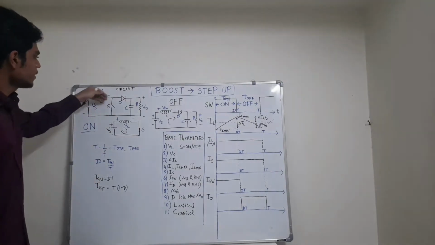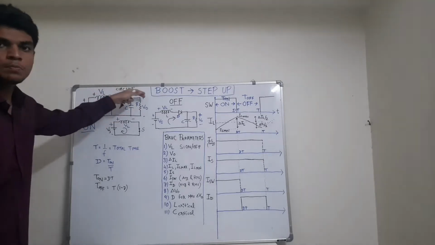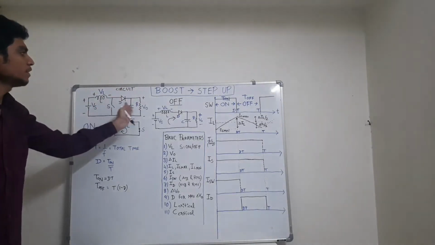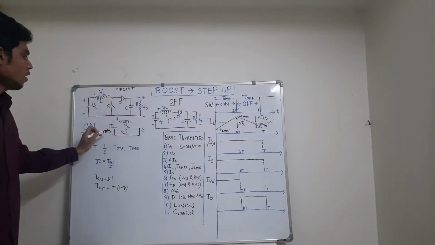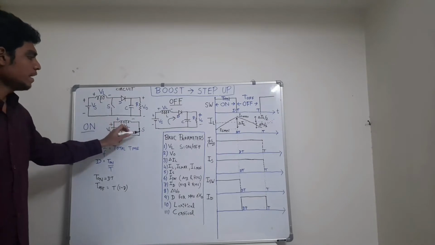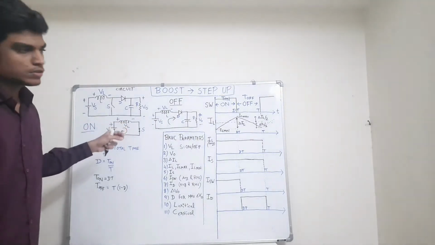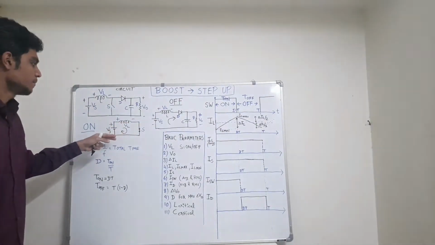So all the inductor current will flow through this switch and current will not go through this part of the circuit, and it is isolated. So the on circuit can be given by Vs, Vl and the switch. So we can see that the inductor gets charged during the on period.